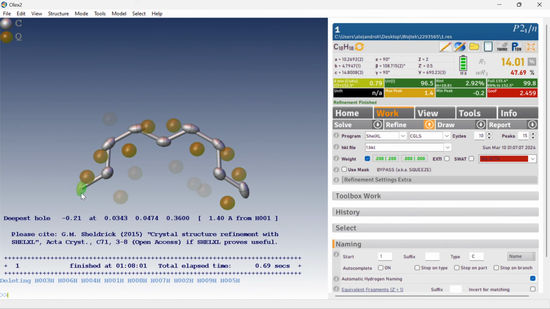Okay, now let's again select these, and we want to split them into 2 parts. How do we do that? We have 2 options. Either we select these Q peaks, and we assign them as carbon atoms, then we change the numbers that relate them to free variables, right?